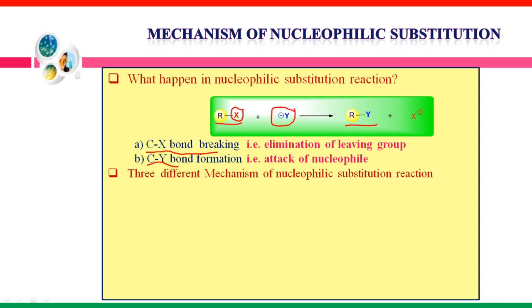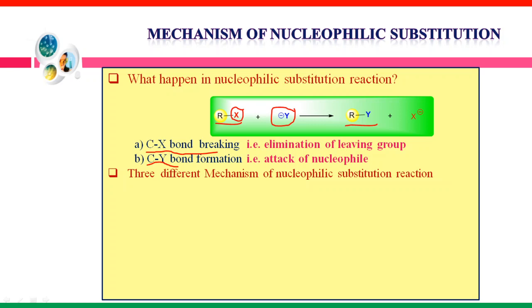In order to answer these three questions, we study each and every event which occurs during this reaction, that is the mechanism of reaction. Nowadays powerful microscopes are available, but we cannot see the reacting molecules under the microscope.